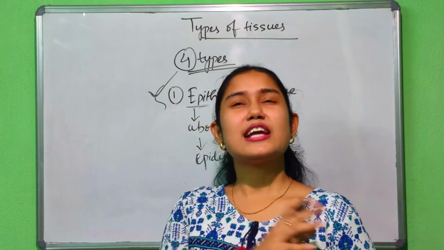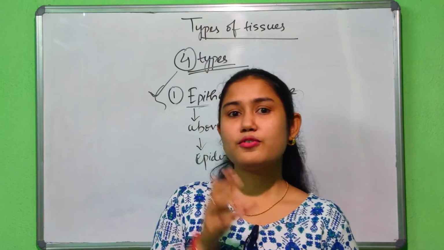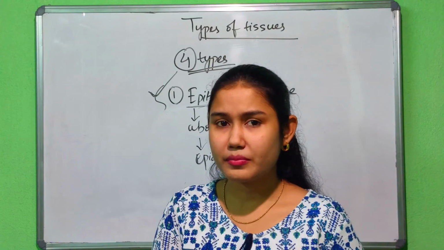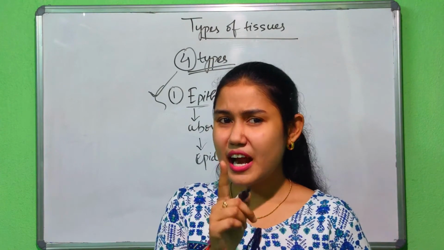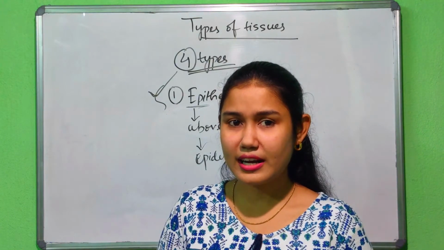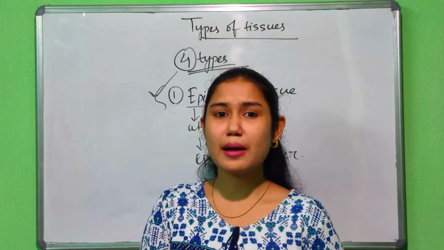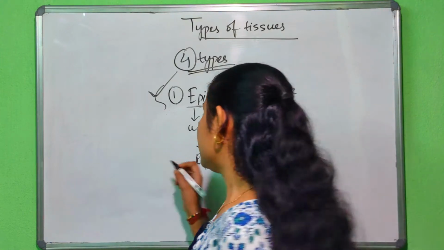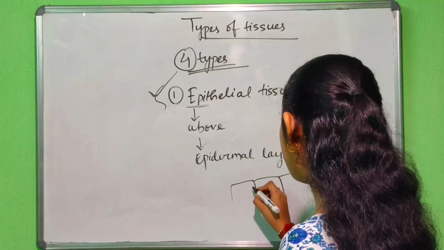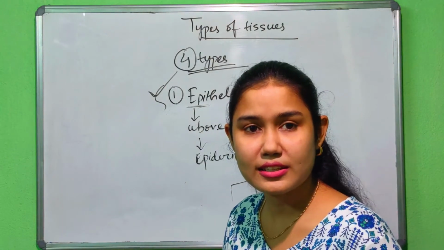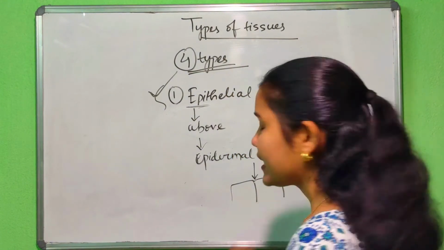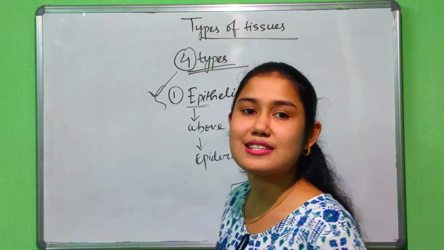Consider an example of a fort. If the fort has a weakened outer wall, the enemy can easily attack it. This is the weakness of the fort, right? So what will happen if these epithelial tissues have intercellular spaces? There will be easy attack of pathogens on the cells.